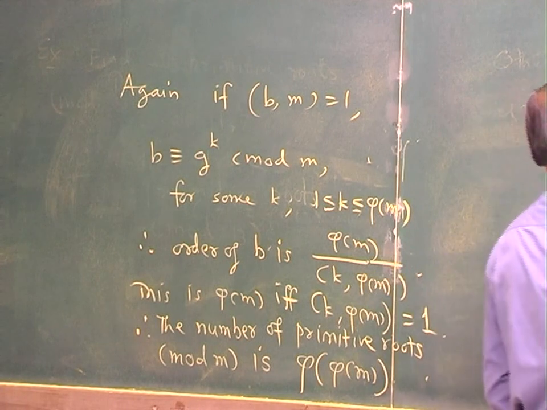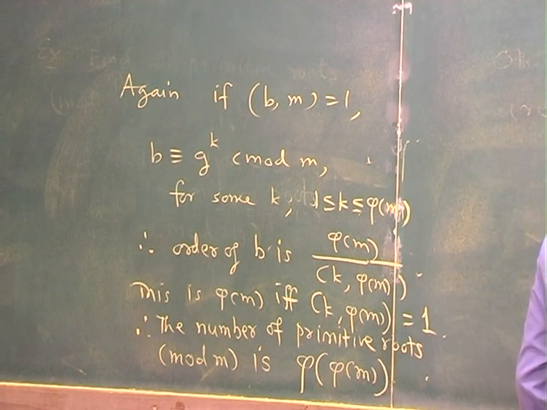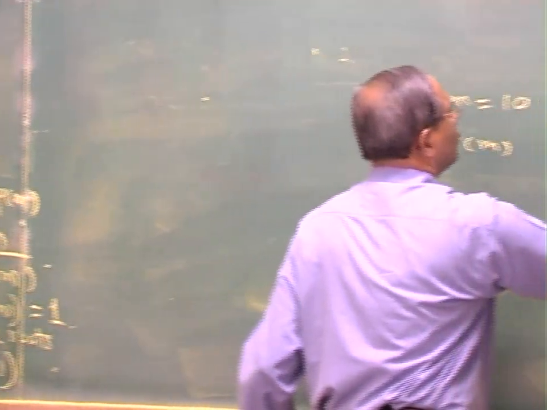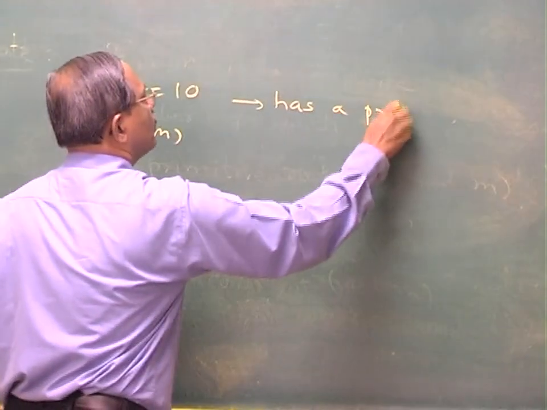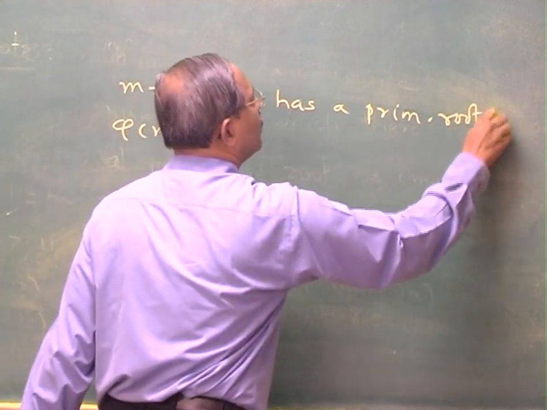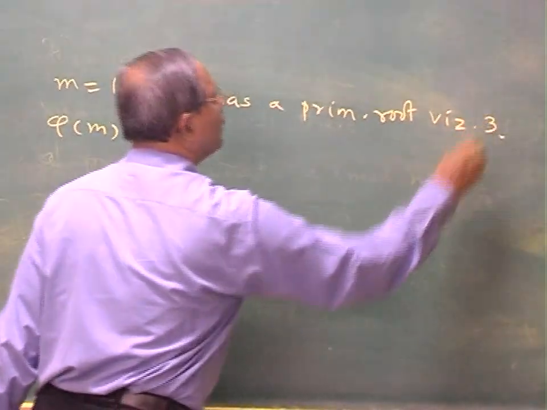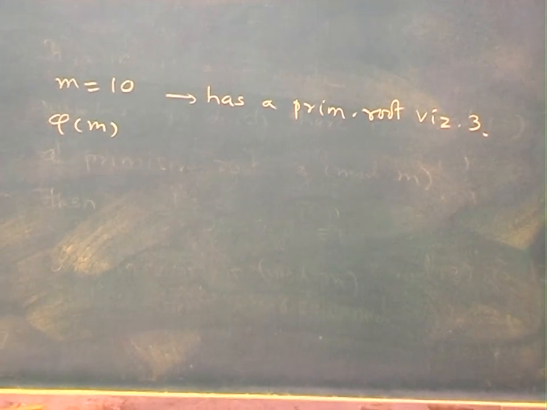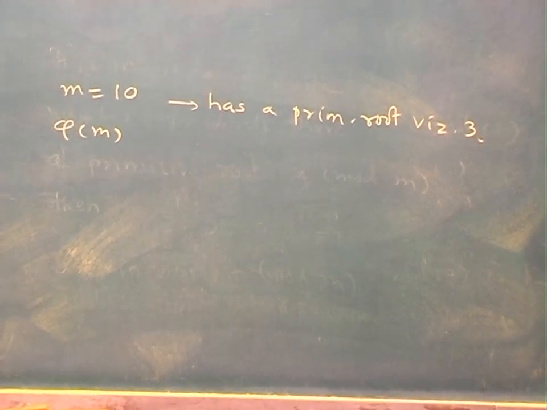So that is 2, m equal to 10, phi of m. This has a primitive root. For example, 3 is a primitive root. 3 squared is 9, that is not 1 mod 10. 3 has order 4.